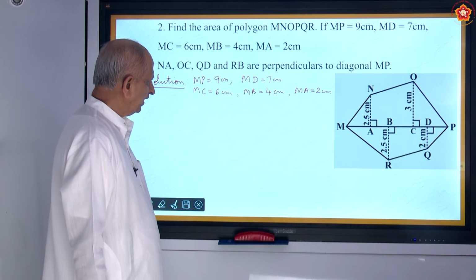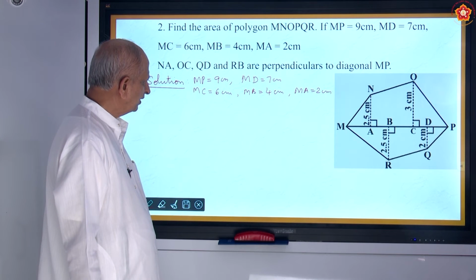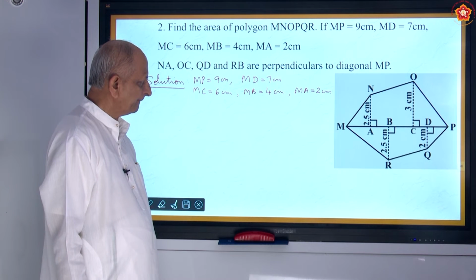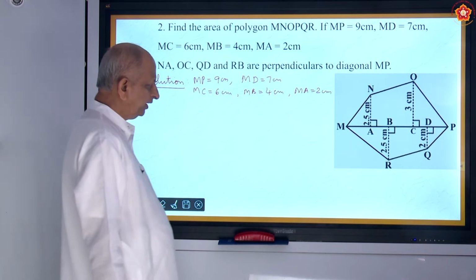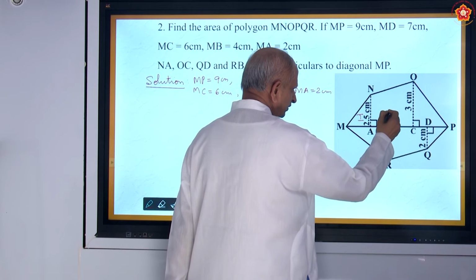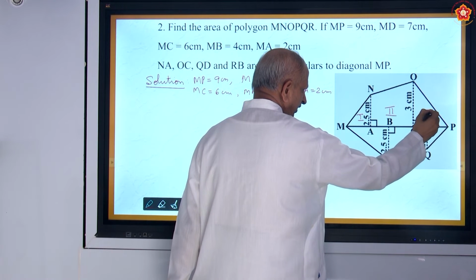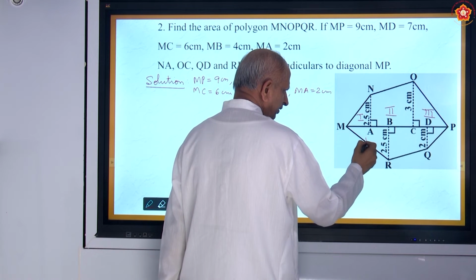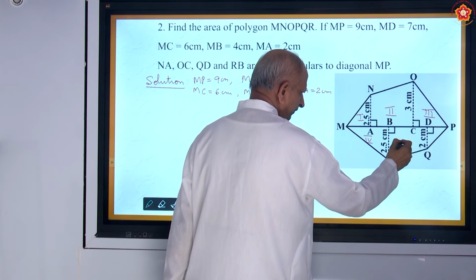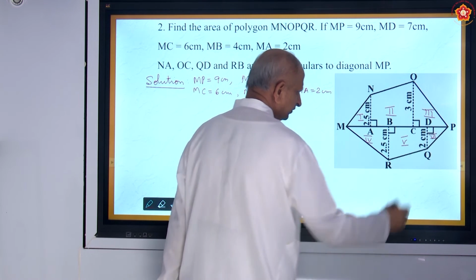Then NA, OC, QD and RB are the perpendiculars drawn to the diagonal MP. So how to do it? First you must take this triangle, number 1, then area of trapezium, number 2, number 3 area of triangle, number 4 area of another triangle, number 5 area of trapezium, lastly area of triangle.